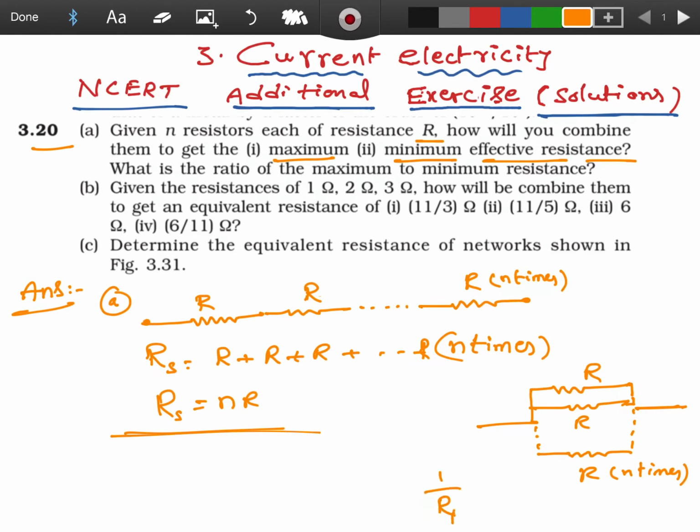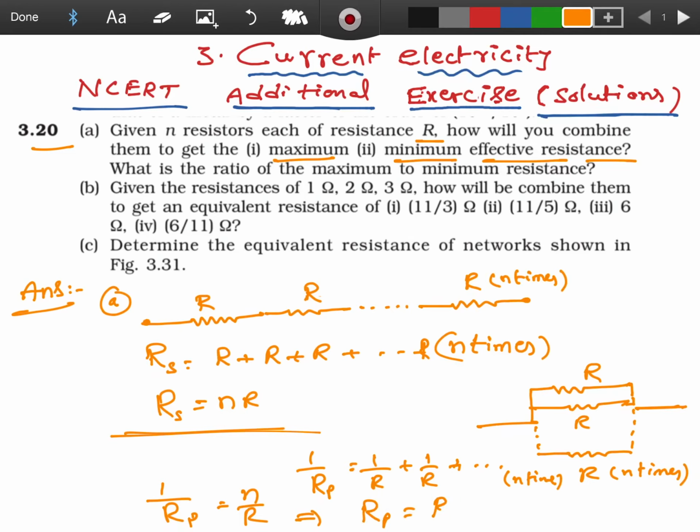Effective resistance will be equal to 1 by R plus and so on n times, which is equal to n by R. Then parallel resistance equals R by n.